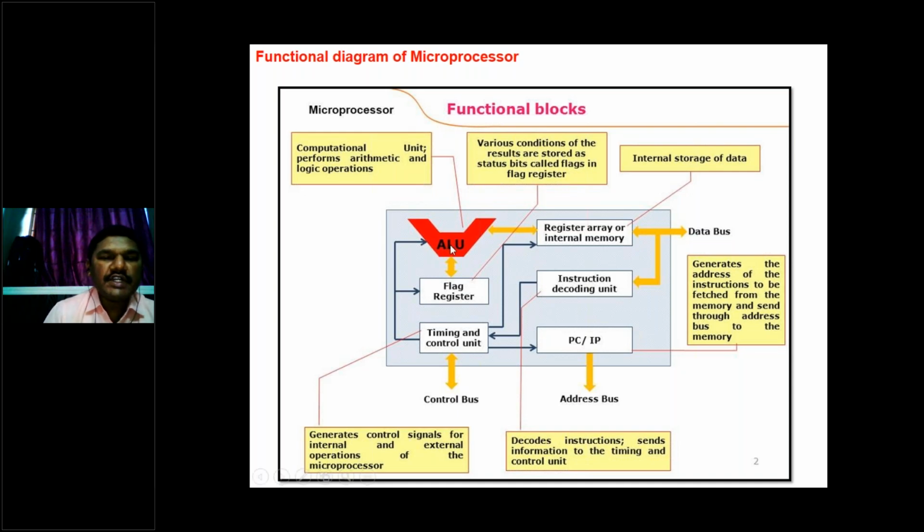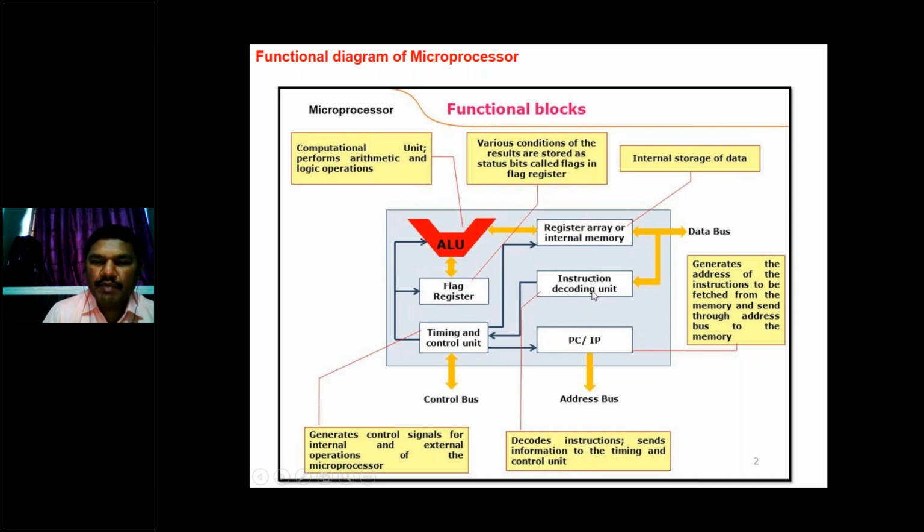Here, the ALU is a computational unit that performs arithmetic and logical operations. Next, the flag register: various conditions of the results are stored as status bits called flags in the flag register. The register array is internal memory, internal storage of data.